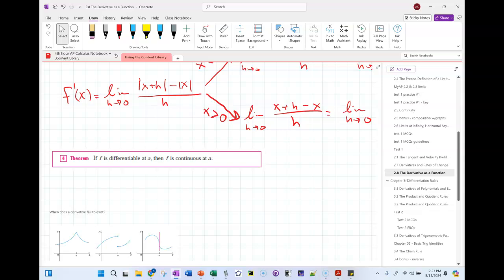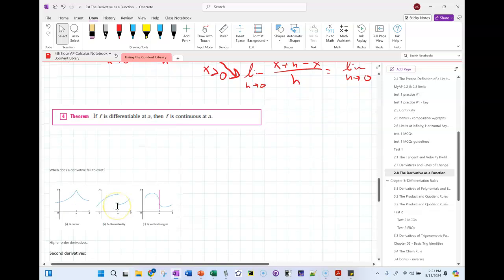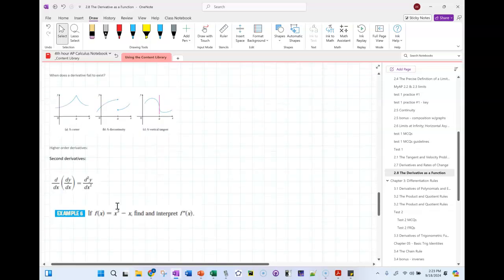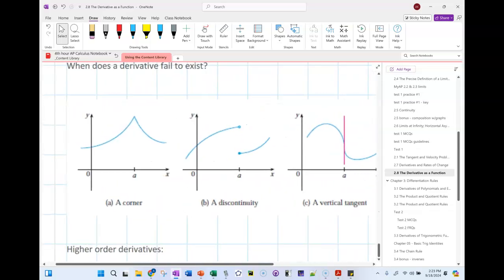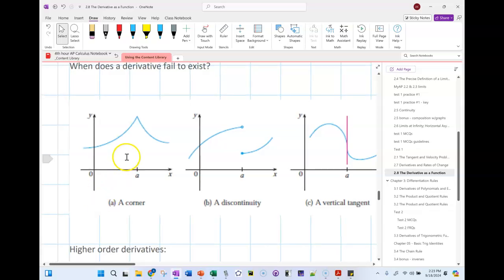It becomes really useful going forward, especially as we have a bunch of theorems that rely on continuity and differentiability, that if you have one, you automatically get the other. That's nice. All right. So, places where a derivative can fail to exist: a corner.